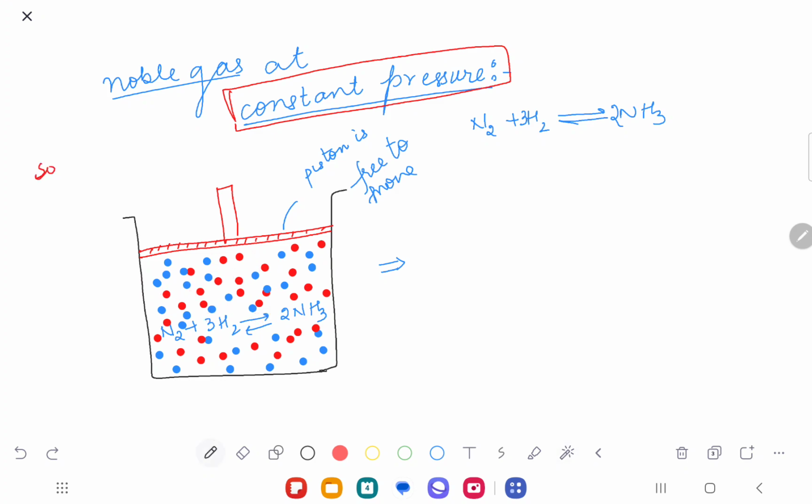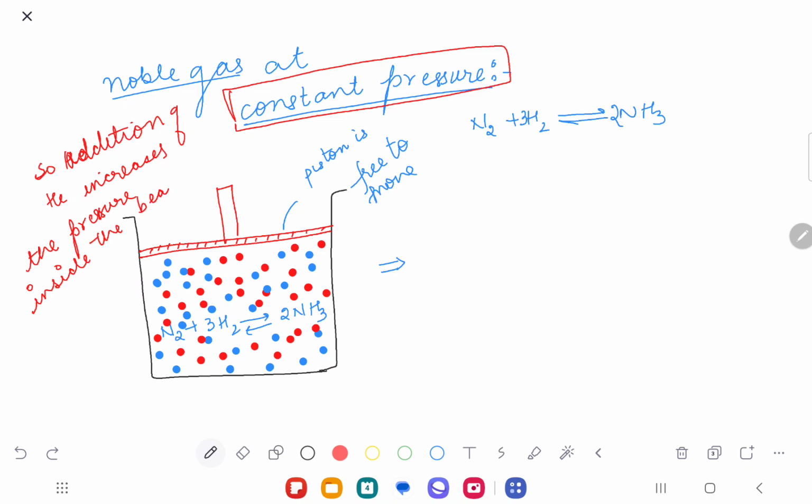So what do I say? Addition of helium increases the pressure inside the beaker.